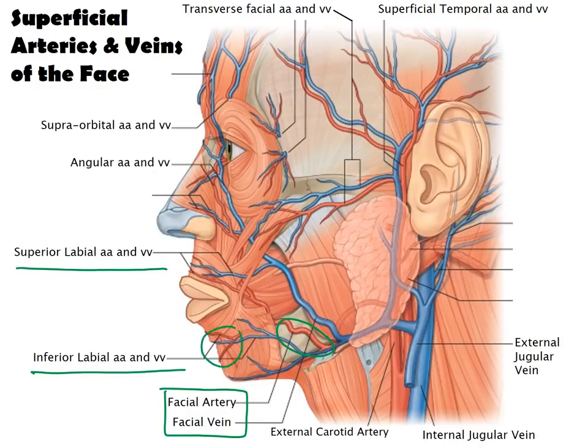Here's the inferior branch, and here's the superior labial artery. Remember, the word labia refers to lips. Once the continuation of the facial artery reaches the nostrils, it undergoes yet another name change and becomes the angular artery, which runs along the side of the nose, as shown here.